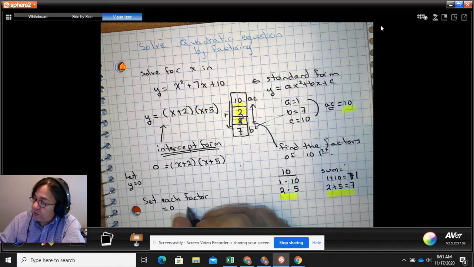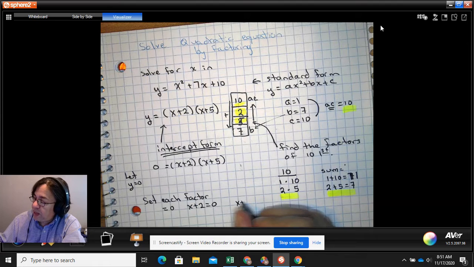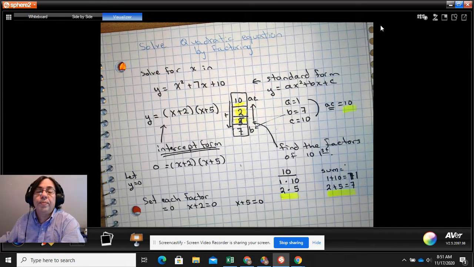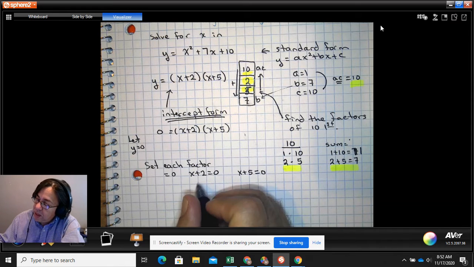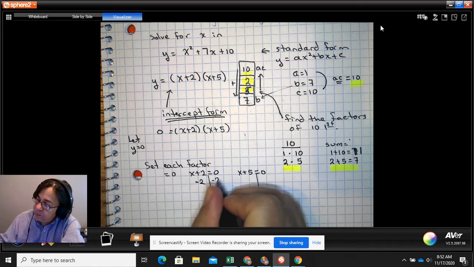In other words, I'm going to say x plus 2 is equal to 0 and x plus 5 equal to 0. Then I'm going to solve for x.